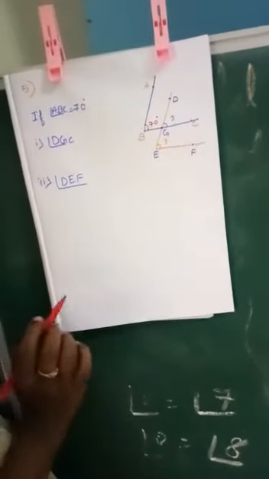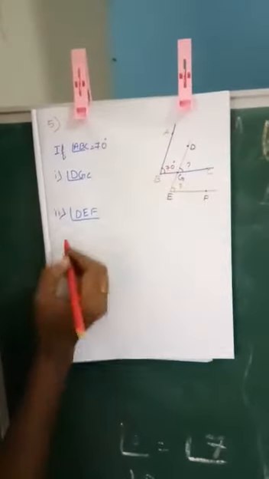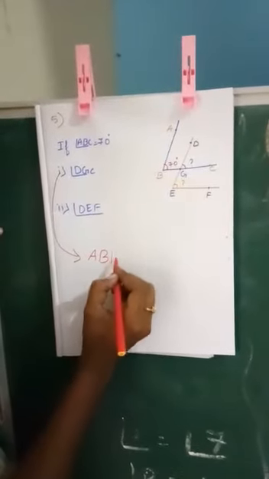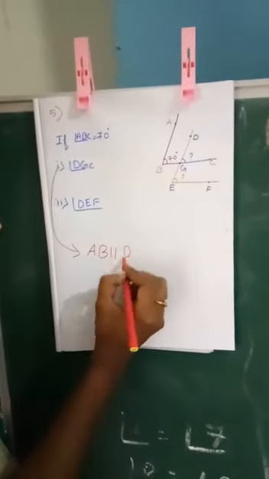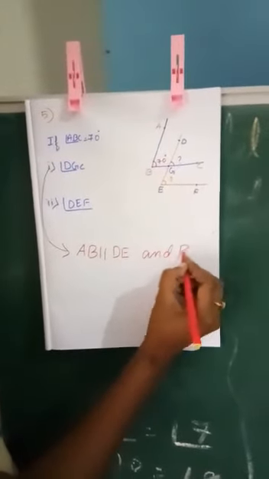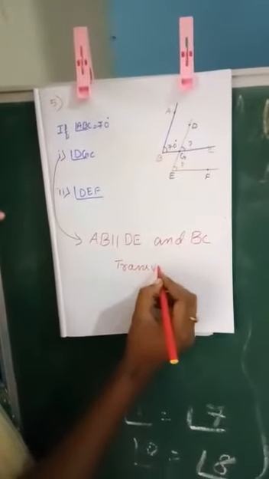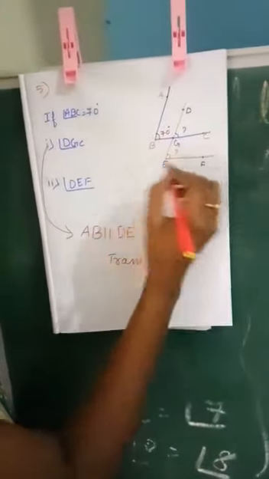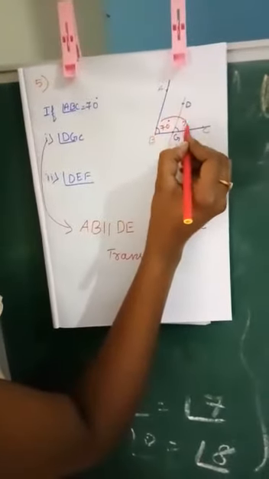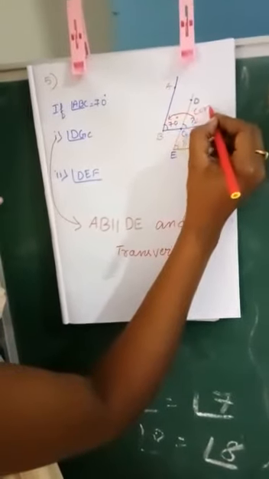Already we know that in the given question, AB is parallel to DE, and BC is called the transversal. If BC is the transversal, then what about these two angles? These two angles are called corresponding angles.